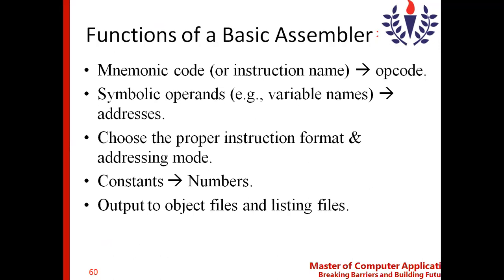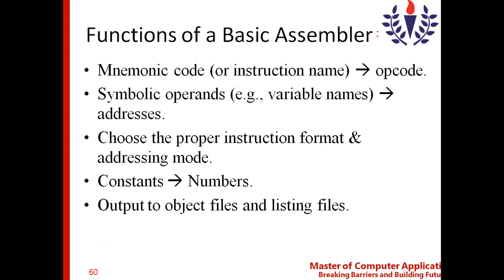When you have these functions of the basic assembler, I have already told you about the two fundamental functions: converting mnemonics into machine equivalent and assigning addresses to the symbols. Apart from that, we have some more functions that need to be carried out.